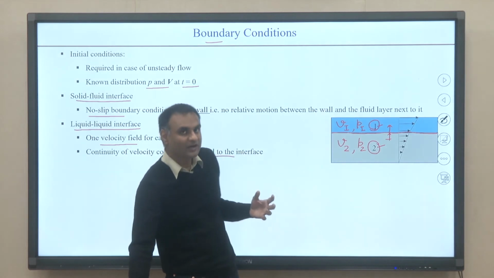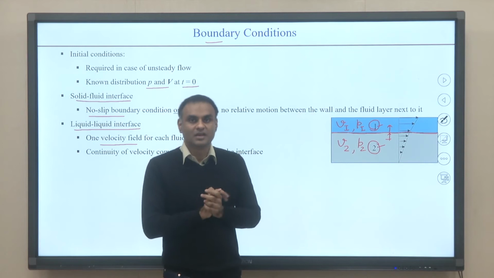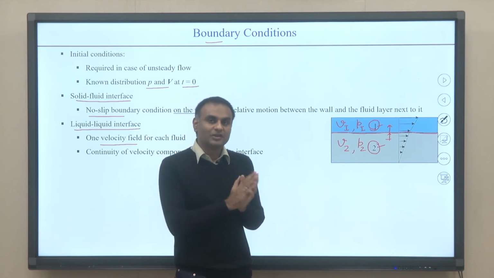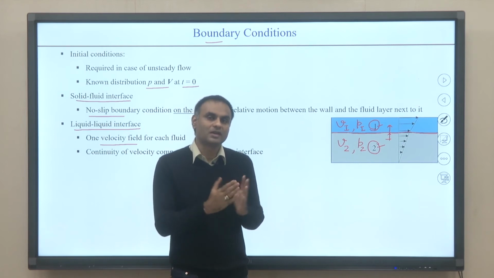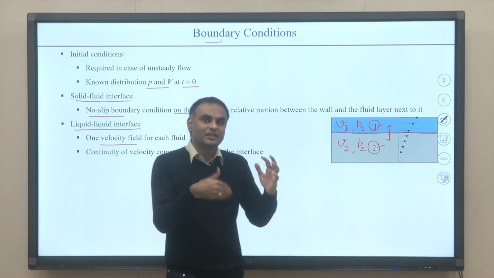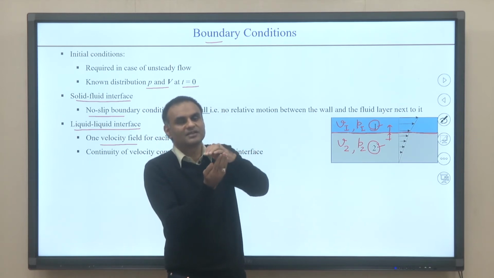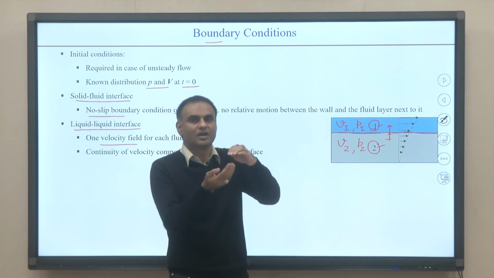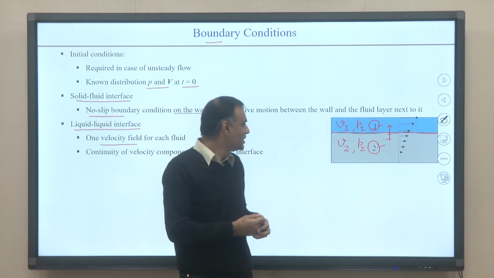So, the normal components of velocity in fluid 1 and fluid 2 will be equal, and they will be equal to the interface velocity. Why? If there is a difference between the two, then a certain void would be created between the interface and the fluid, which is not feasible.